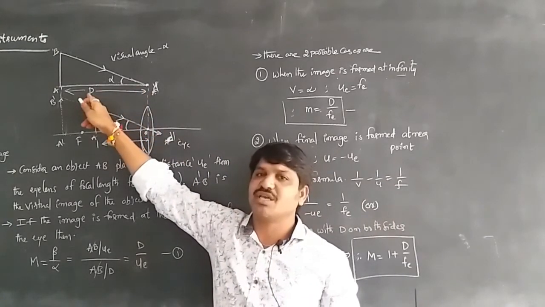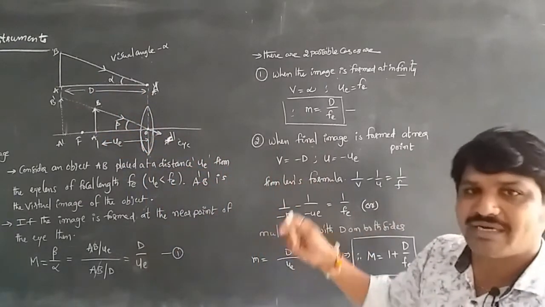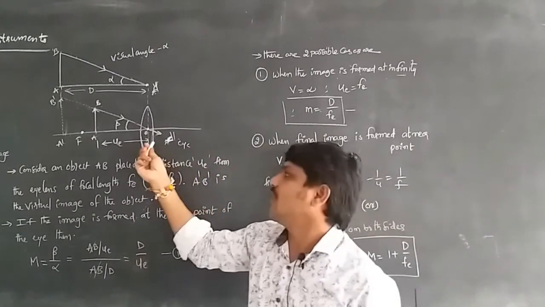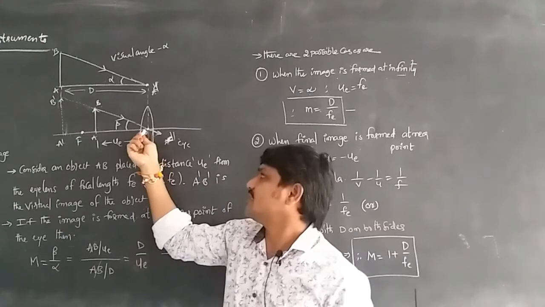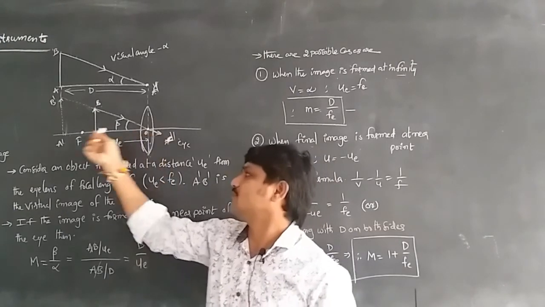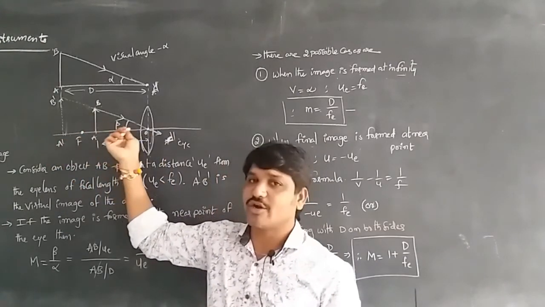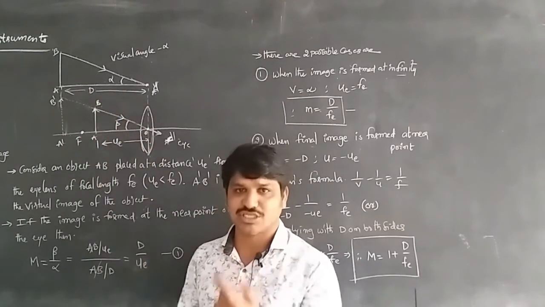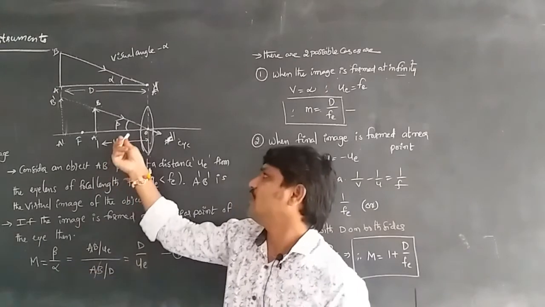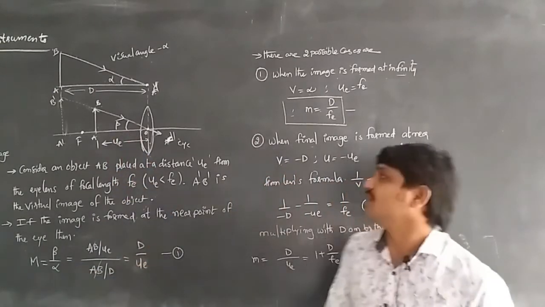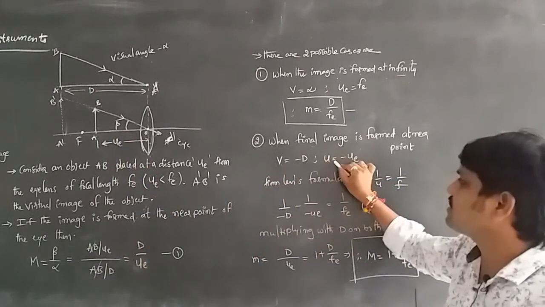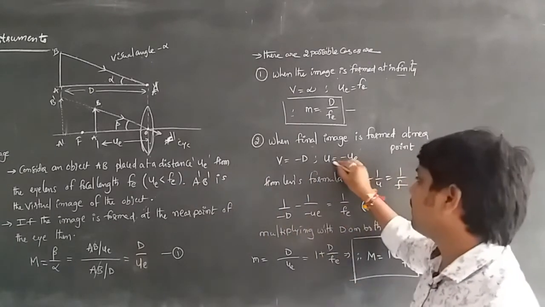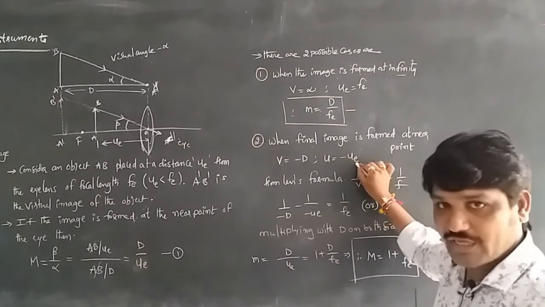According to the sign convention, the distance is measured from the optical center, and D is in the direction opposite to the incident ray. So we take V is equal to minus D. The image is formed on the object side, so U is equal to minus UE.